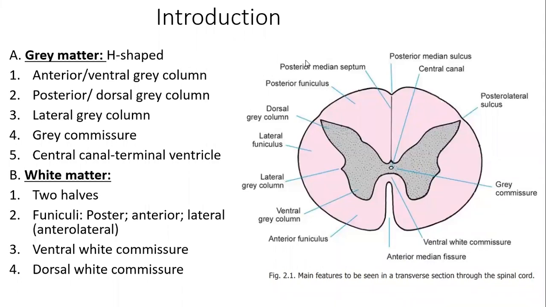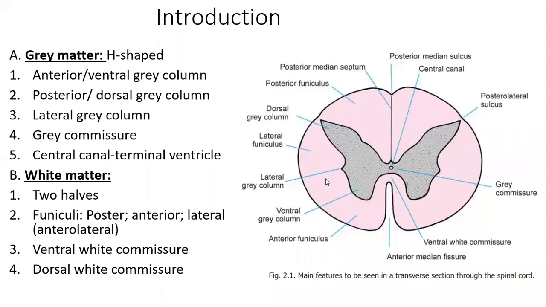The part of the white matter that is present between the dorsal gray horn and posterior median septum is called posterior funiculus or posterior dorsal white column. The part of the white matter present between the anterior motor horn of the gray matter and anterior median fissure is labeled as anterior white column or anterior funiculus.